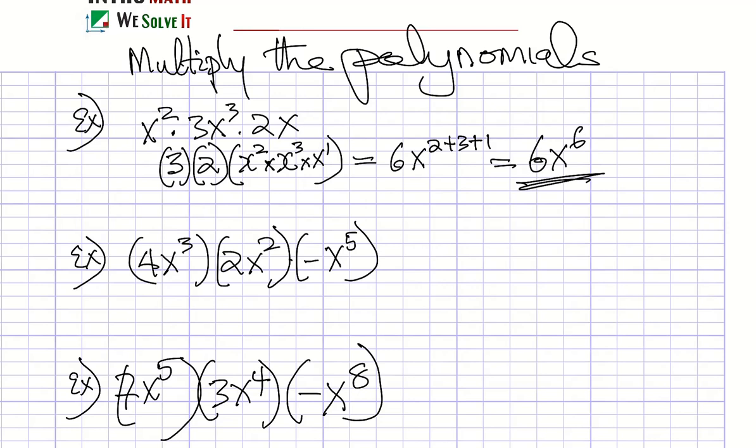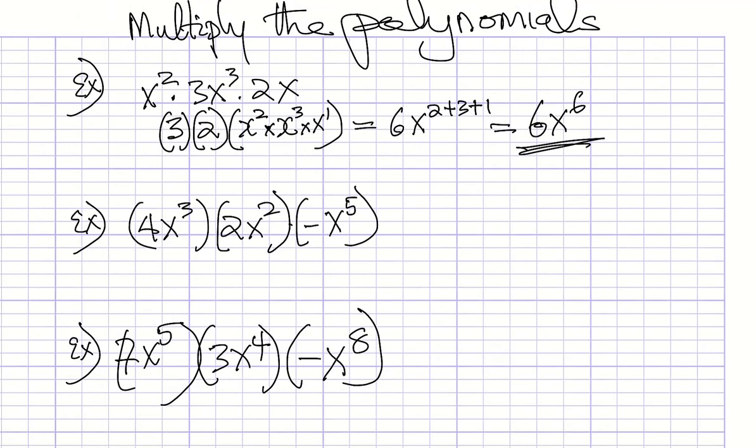The next one is the same thing. We'll tackle it the same way as the other one. We isolate and then we combine. 4 times 2 times minus 1, and x raised to the power 3 plus 2 plus 5. Let me do it this way so you don't get confused.